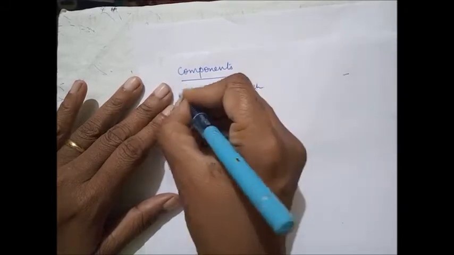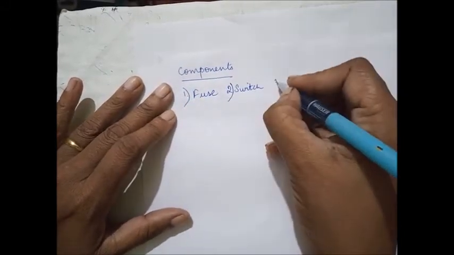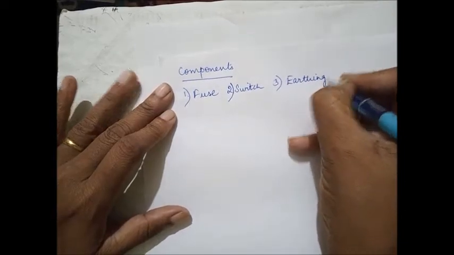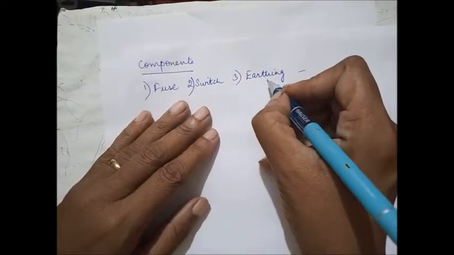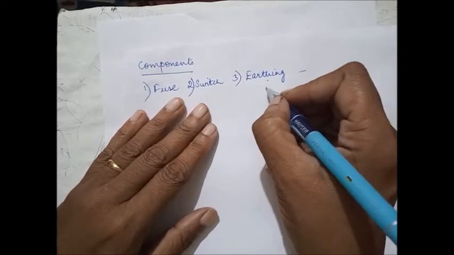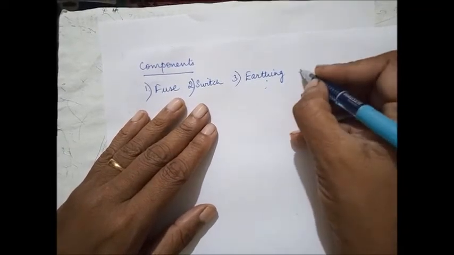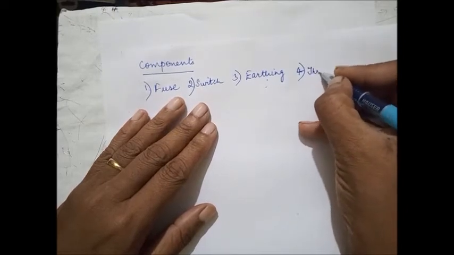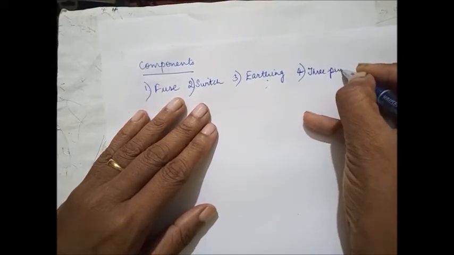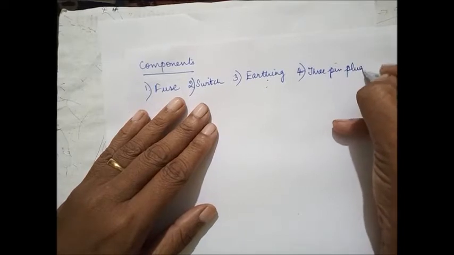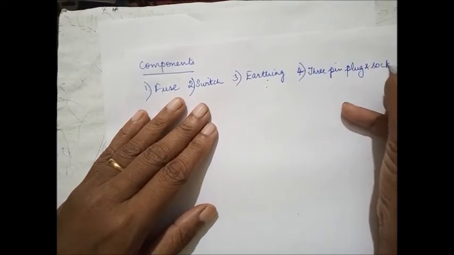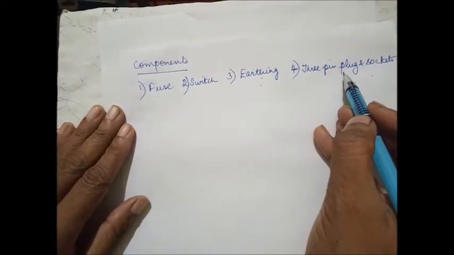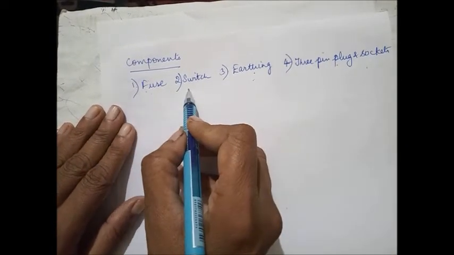Okay, so fuse, then switch, then we have earthing. Okay, earthing, that is earth wire is there, and why do they do that and all that. And then about 3-pin plugs and sockets. Okay, 3-pin plug and socket, and then we have something called color coding. Okay, so mainly these are the 4 components which are part of electricity.